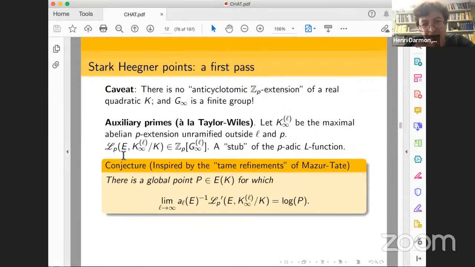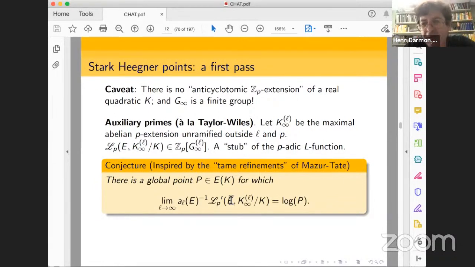And then I formulated a conjecture about this, inspired by the tame refinements of Mazur-Tate, which is that there's a global point on the modular abelian variety over K, for which if you take the derivative of this group ring element, and the derivative is just to be interpreted as an element in this finite group, because when this L function vanishes, it belongs to the augmentation ideal, and its image modulo the square of the augmentation ideal is what we view as an algebraic avatar of the first derivative.